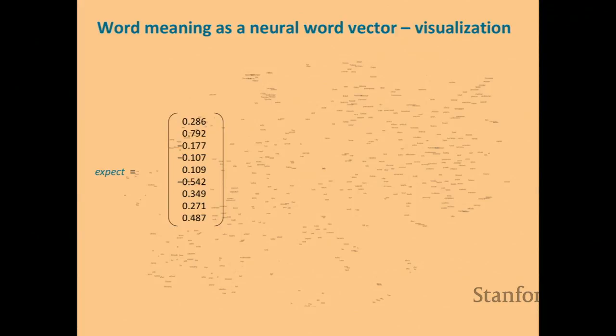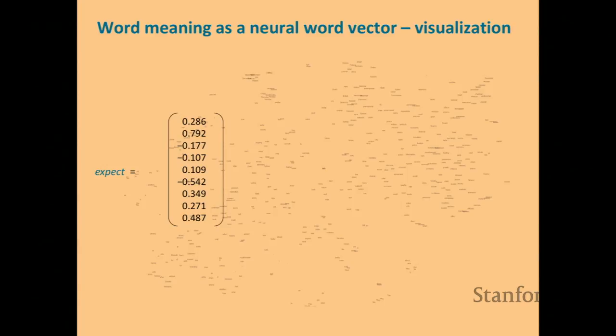But every word will be represented as a list of numbers. And that list of numbers has meaning only in constellation with all the other words. And what you see here is a visualization, and we'll zoom in a second. It's a visualization as we project these usually 100-dimensional spaces down to 2 dimensions. We'll gain some insights into what is being captured in these vectors.